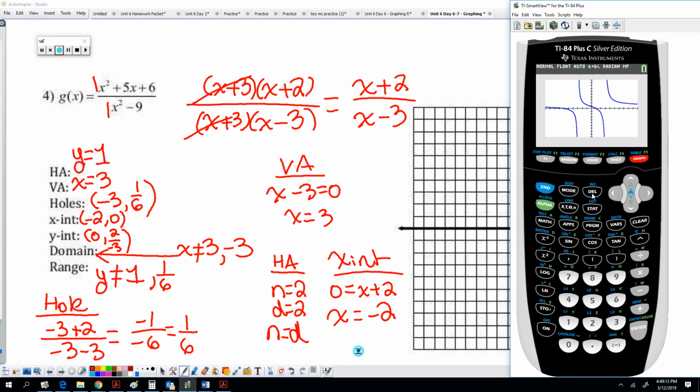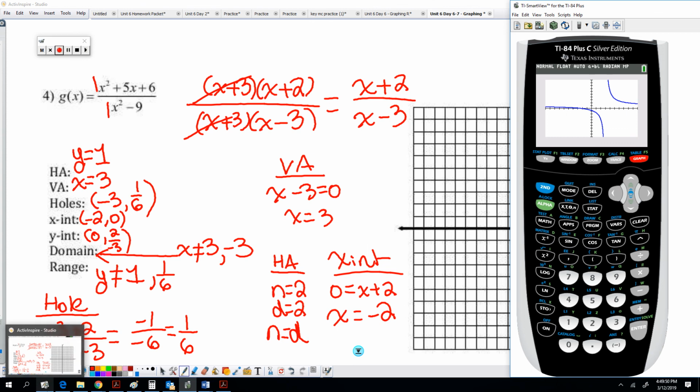I don't believe I did. Let's see, what did I type in wrong? Let me retype it again. Alpha, y equals, x squared plus 5x, okay, plus 6. I did a minus 6, that's okay. Now I figured it out. x squared minus 9, press graph. There you go, that's better.